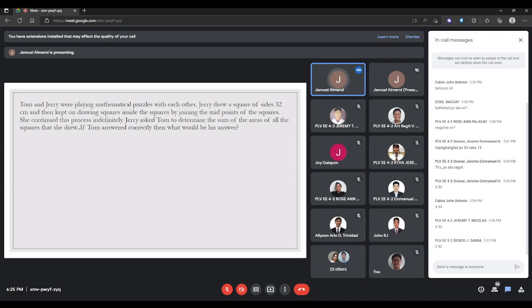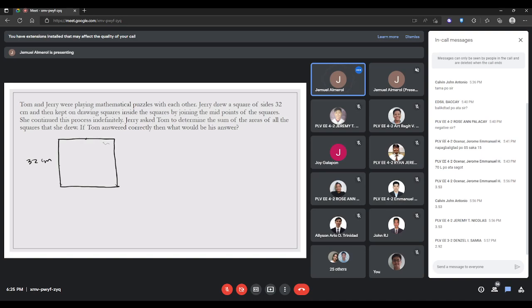So ganito lang yan. Actually, nung first year kayo, nakapag-solve na tayo nito. Pinakwento lang niya. So, ito yung una, 32 centimeters daw yan. Okay. Tapos, you'll notice, midpoints.